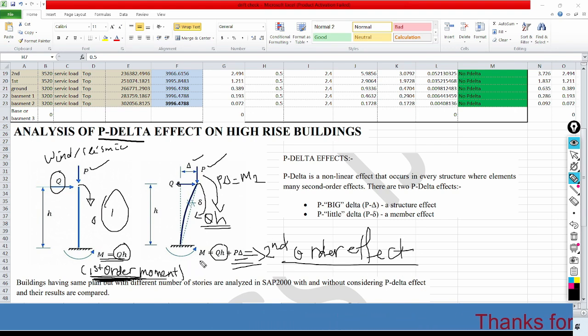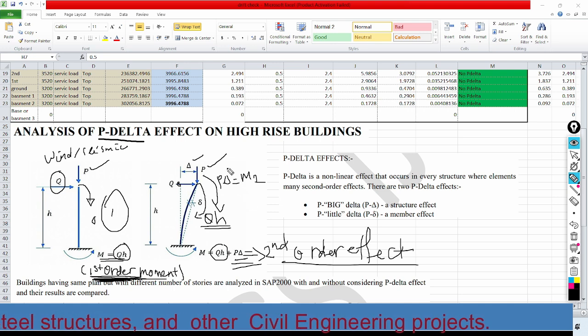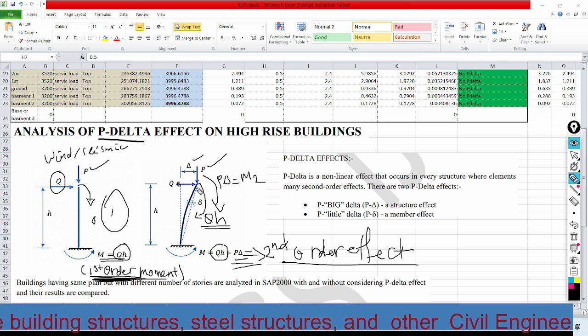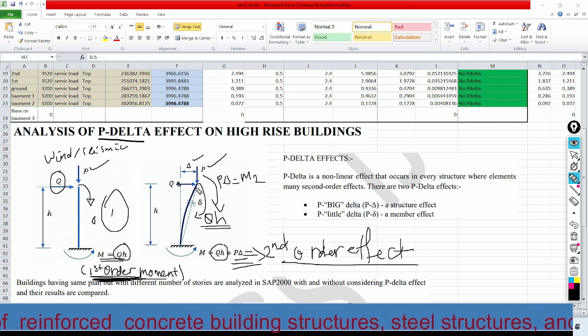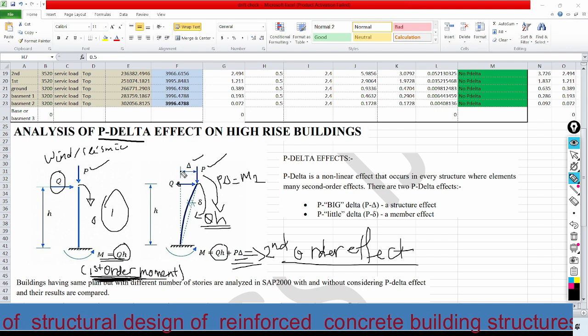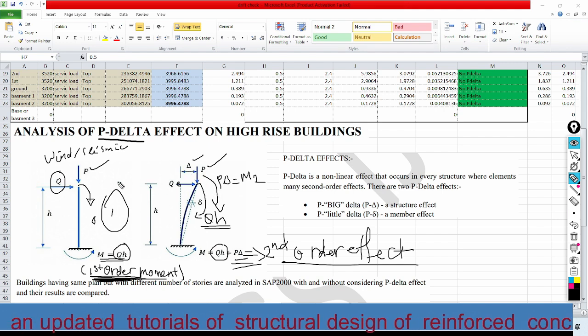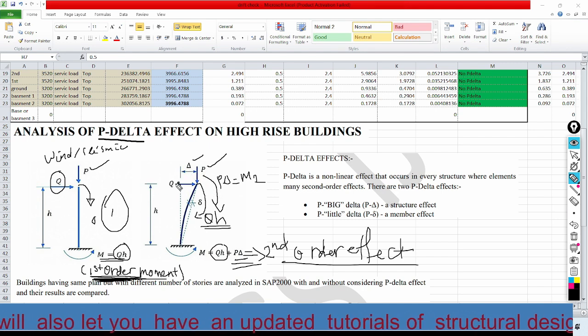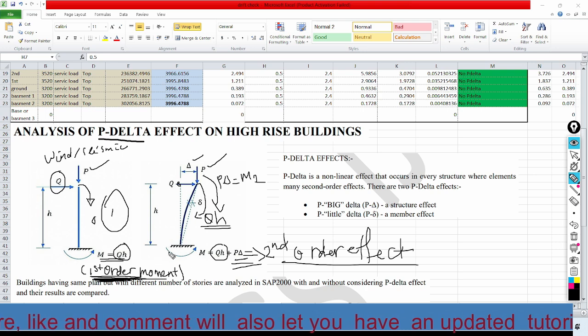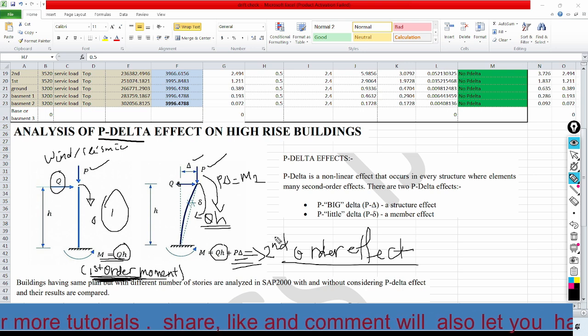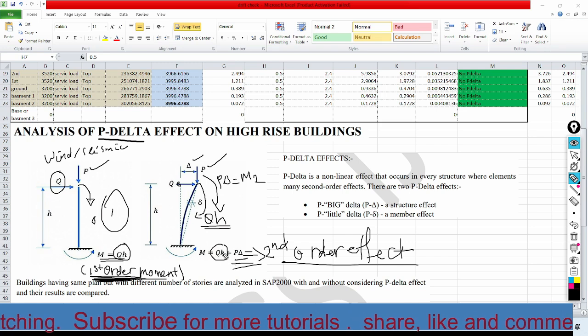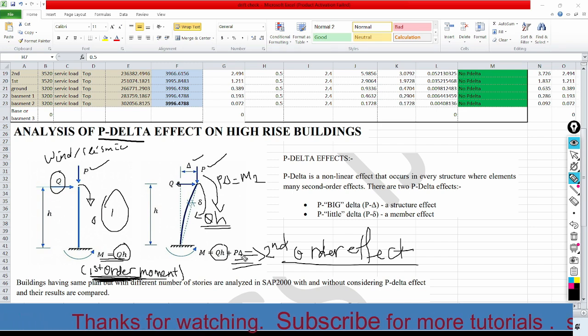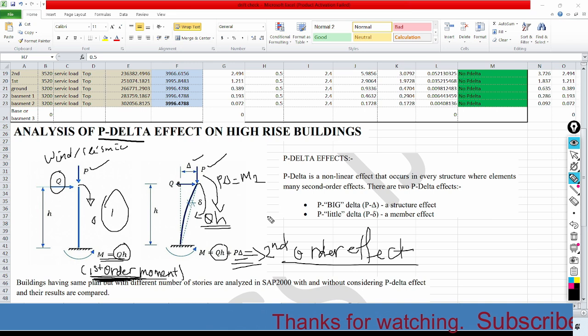P delta is the effect of the vertical force, which results in lateral displacement, and the horizontal force, which induces the first order moment. The summation of the first order moment and the P delta moment is the effect of P delta.